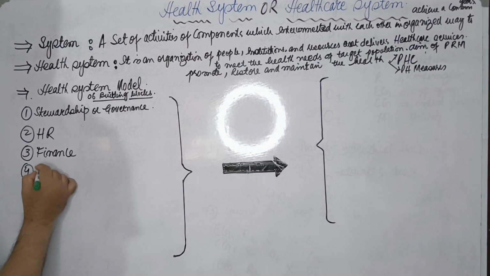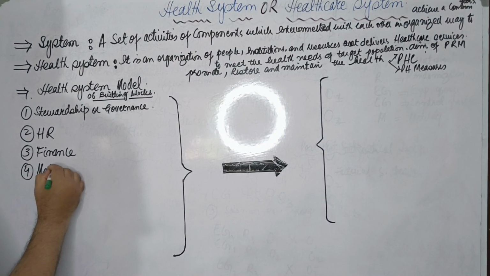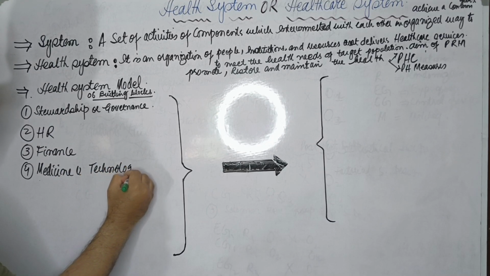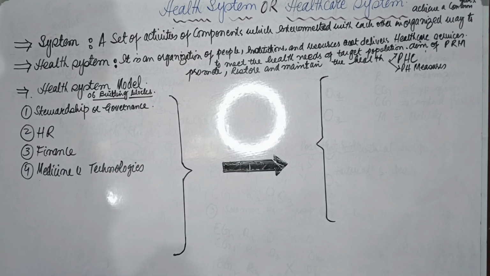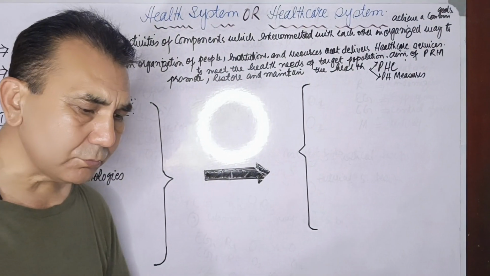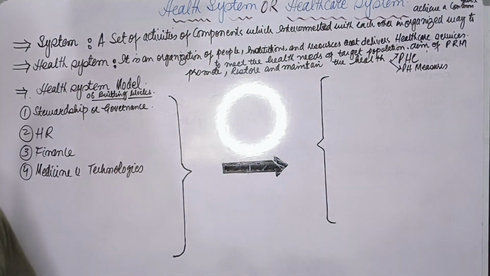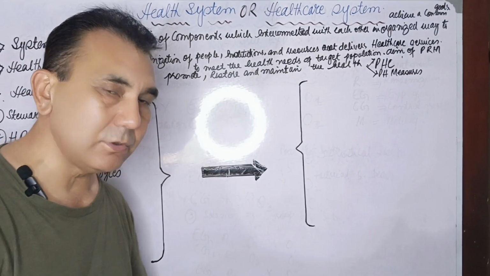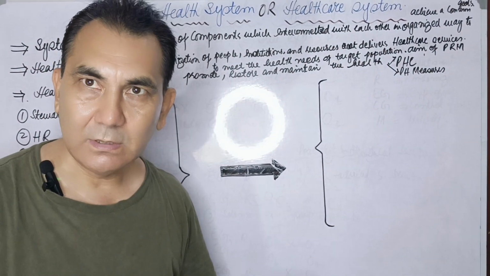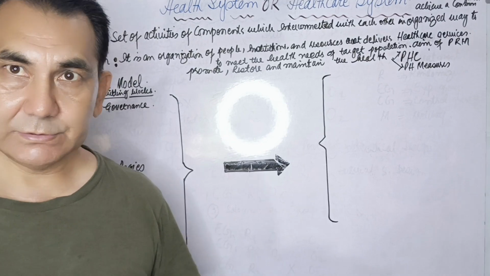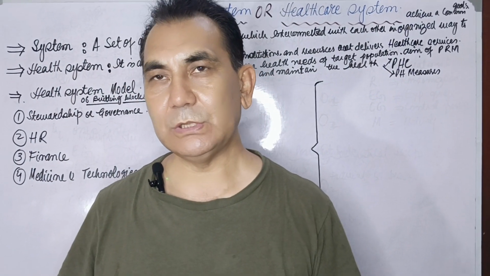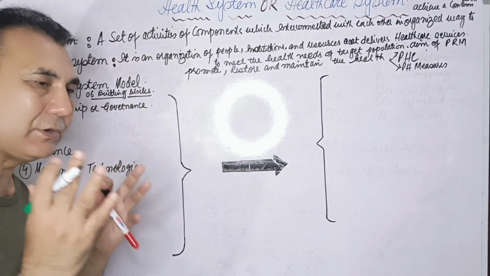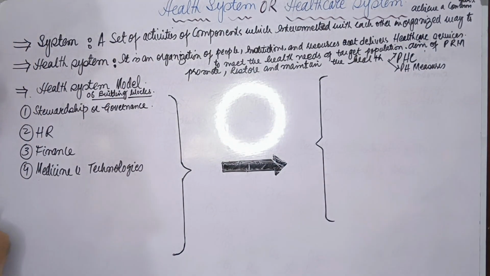And the fourth one is the medicines, pharmacology, and technologies needed to run this healthcare system, the biomedical technologies, like the ventilators, like the anesthesia machine in the OT, and the other inventories included to deliver healthcare.